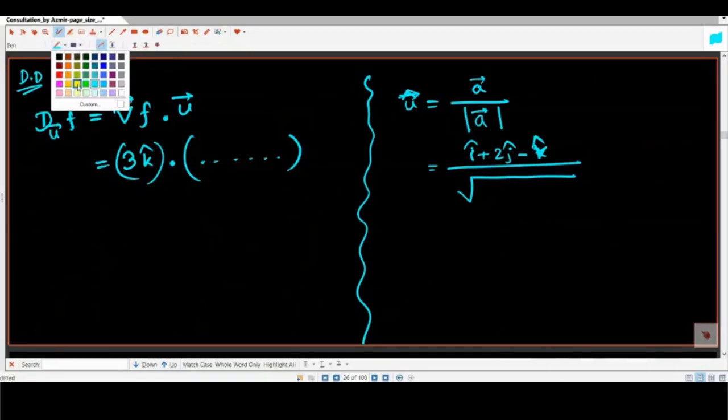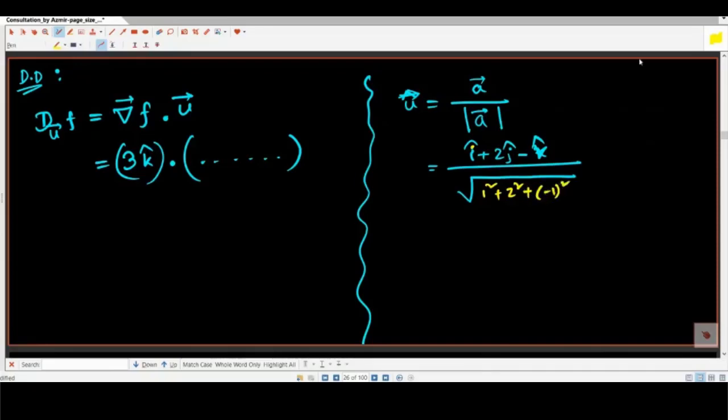We know that if a is a1 i plus a2 j plus a3 k, then the length will be the square root of a1 squared plus a2 squared plus a3 squared. This is the formula. Here we have 1i plus 2j minus 1k.